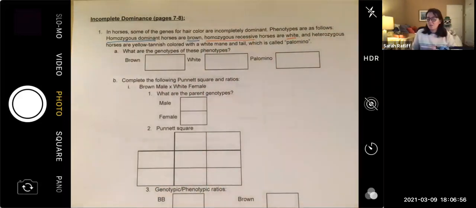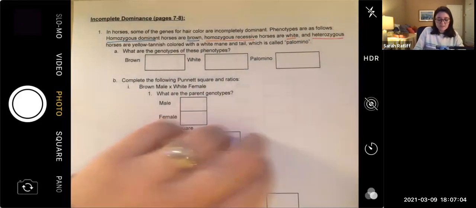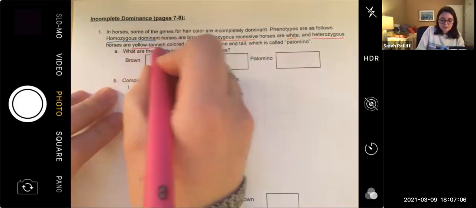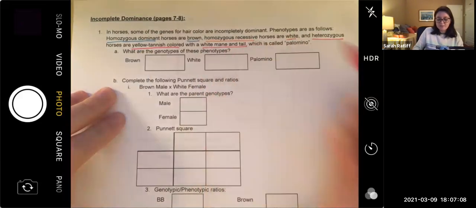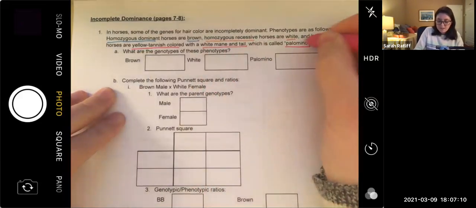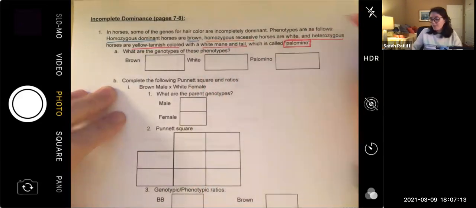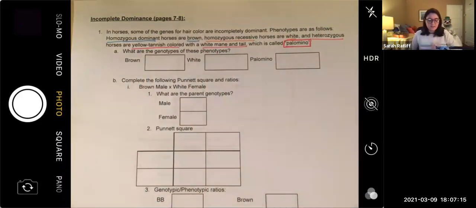Usually white is a more recessive trait, but it varies organism to organism. And lastly, heterozygous are yellowish tannish with white mane and tail. This new one is called a Palomino. If you've ever heard of Palomino horses, this is the coloring, yellowish tannish on the bodies, white manes and tails.